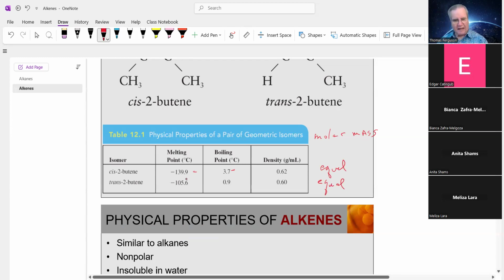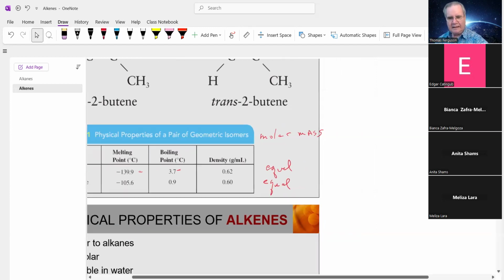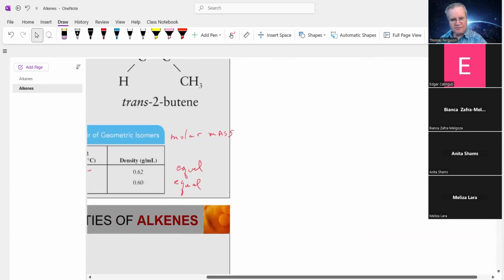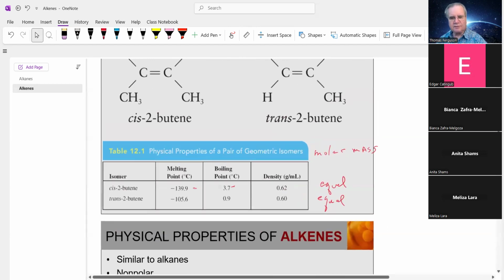Molar masses are exactly the same, but their melting points and boiling points are not. That has to do with how they lay together in a solution. Depending on whether it's cis or trans, one can get closer than the other.